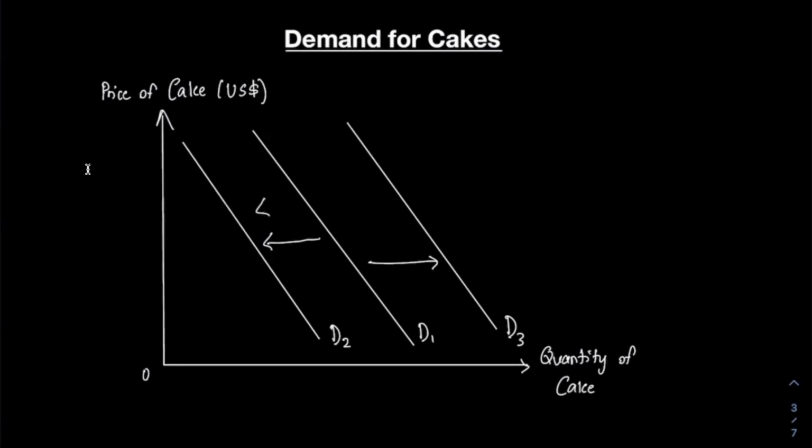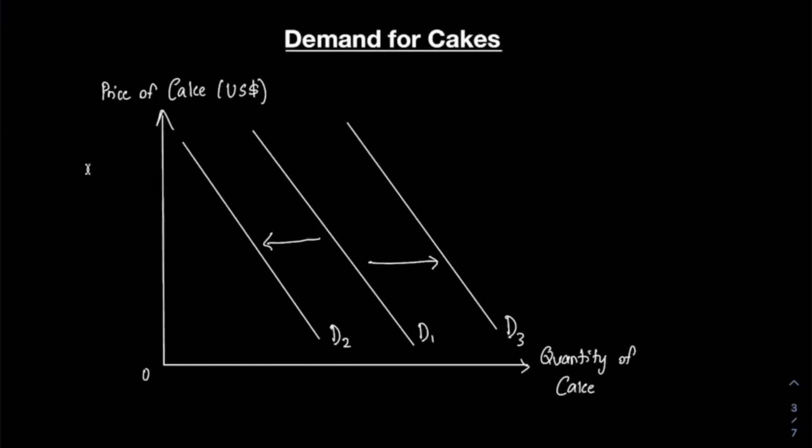And if you think about it, this overall change in taste and preferences doesn't just affect slices of cake selling for a particular price. It doesn't only affect cakes selling at $10 per slice. It affects the demand for chocolate cake regardless of whichever shop is selling chocolate cake at whatever prices, right?